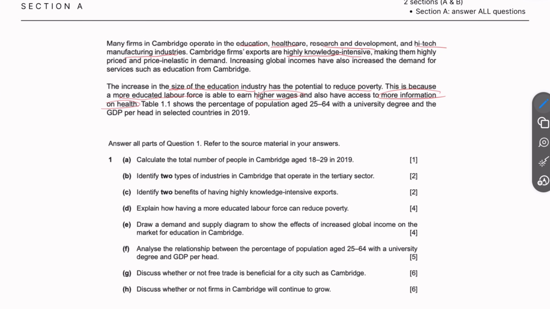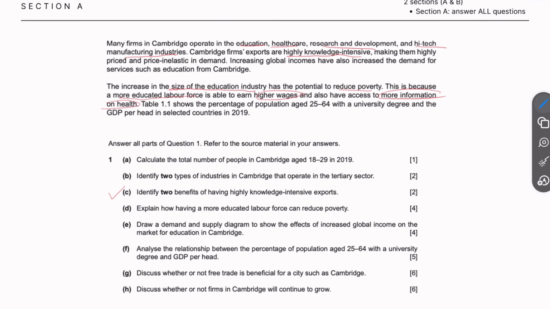So as you can see, when I was reading the extract, I actually underlined some important information or keywords that I may need to refer back to when I read the question later. So if we look at part C, identify 2 benefits of having highly knowledge-intensive exports.